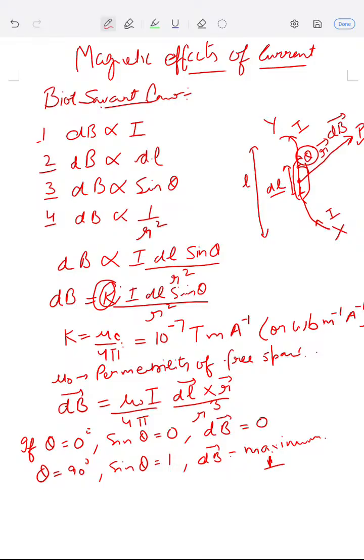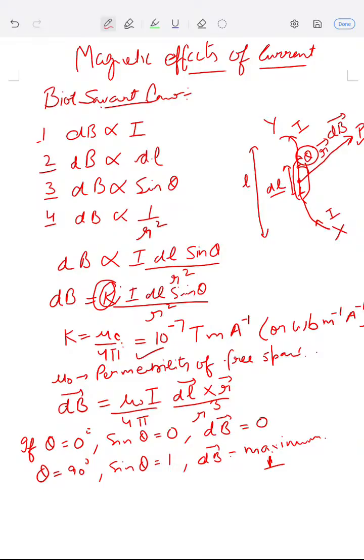The value is 10 raised to the power minus 7 Tesla meter per ampere or Weber per meter per ampere. What is mu 0? It is the permeability of free space. Then we have written the equation in vector form.